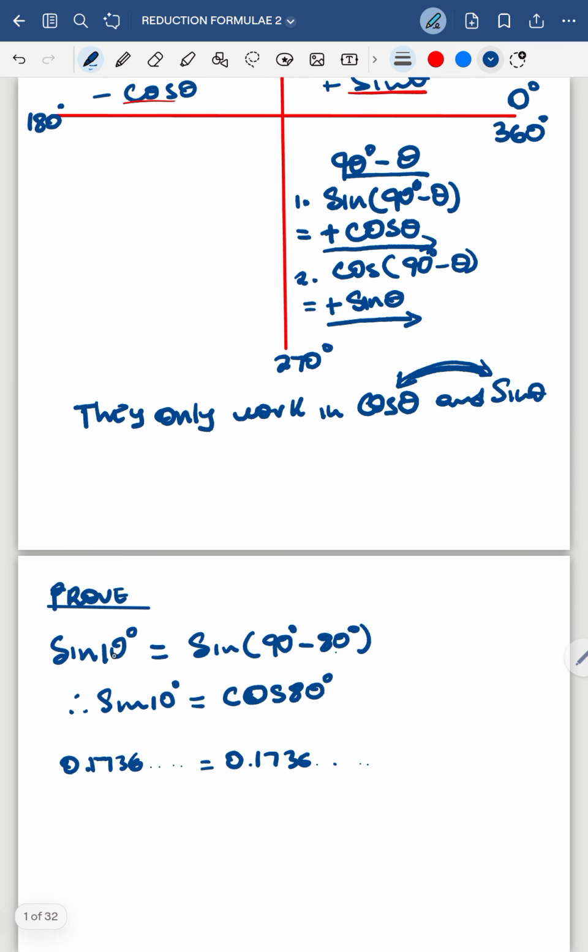You see, so this means that when this is expanded, we're going to have 90 degrees minus an angle. So whatever we're going to subtract in the bracket has to be equal to that angle there, the subject of the formula. So this is the same as this, because when you say 90 degrees minus 80 degrees, we're going to have 10.